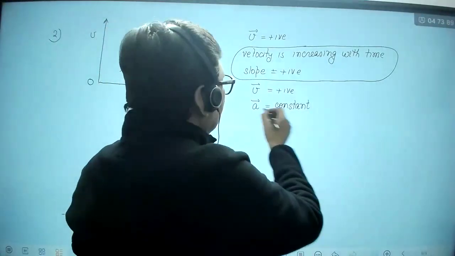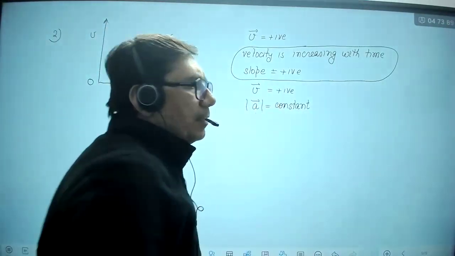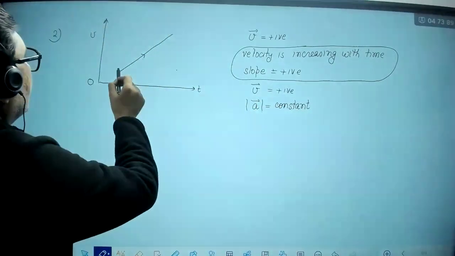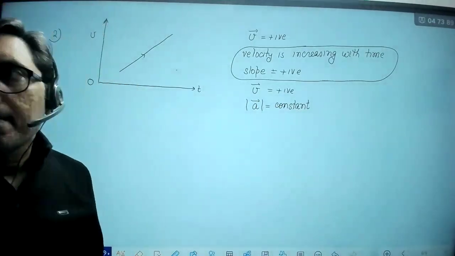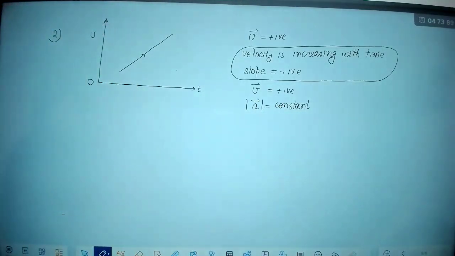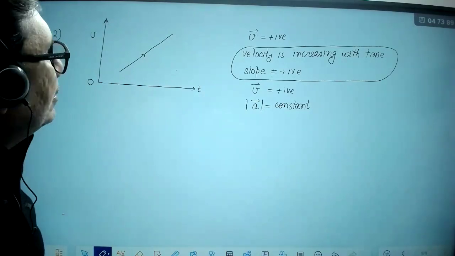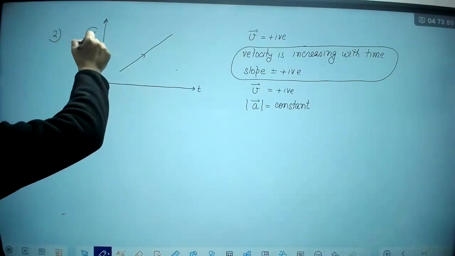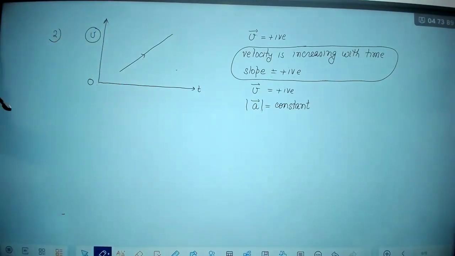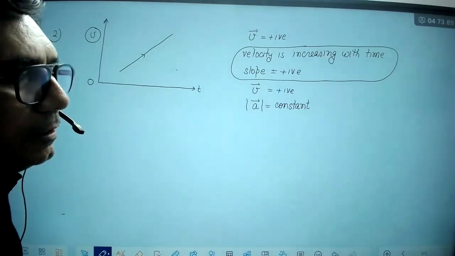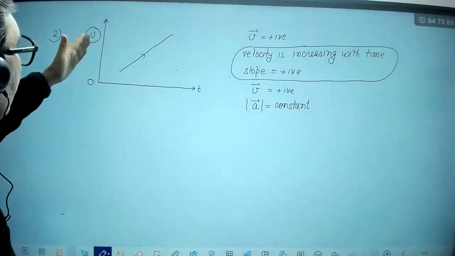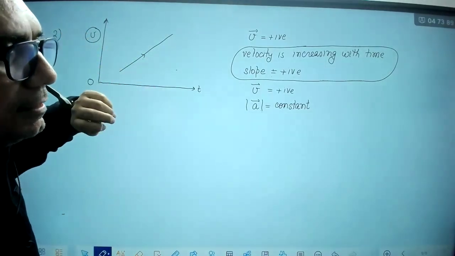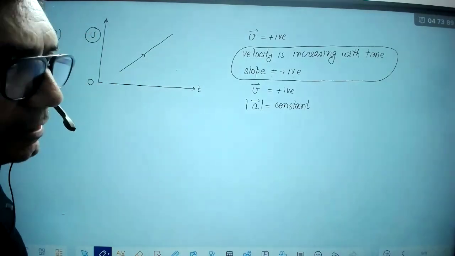Acceleration is not only constant in magnitude. A student asks: here V is constant, so A is equal to 0, right? Where V is not constant, V is changing with time. This is velocity here, not x. So the slope of the V-t graph will give you the acceleration. So this is accelerated motion.